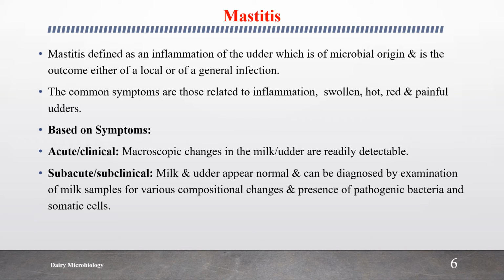Subacute or subclinical mastitis, in which the milk and udder appear normal and it can be diagnosed by examination of milk samples for various compositional changes, the presence of pathogenic bacteria and the presence of somatic cells in the milk.